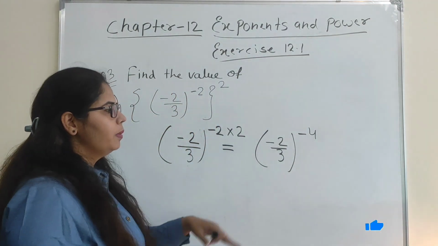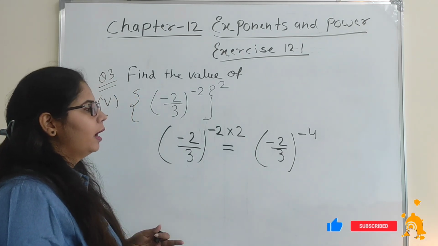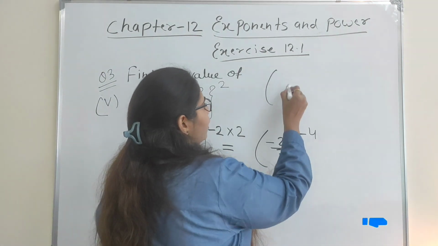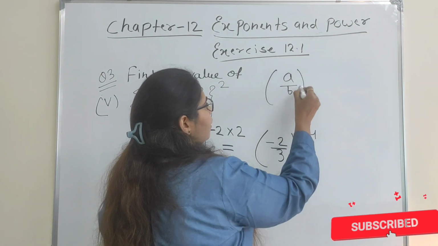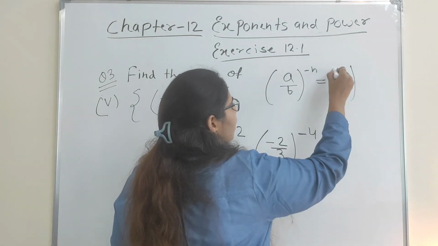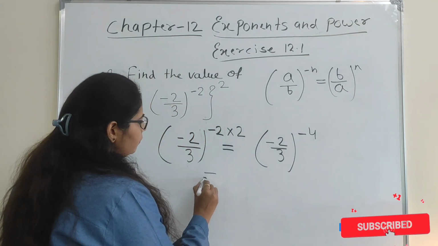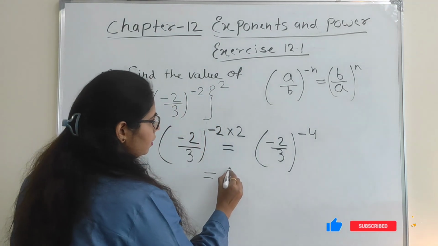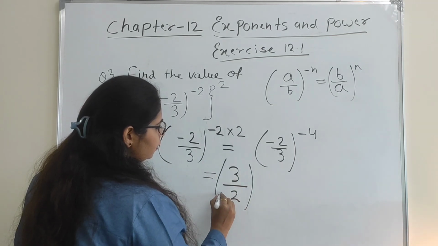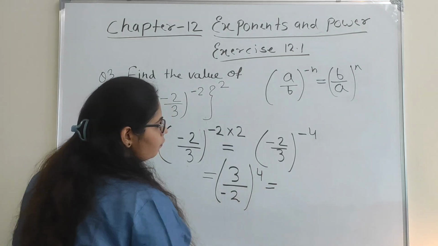Now, which law will work here? A upon b to the whole power negative n is b upon a to the whole power n. Remember this law. So in the same format, I have to write it: 3 upon negative 2 to the power 4.